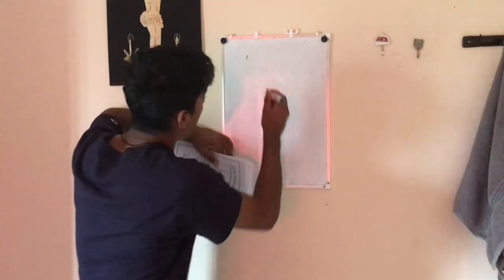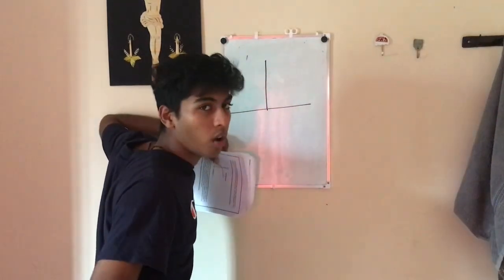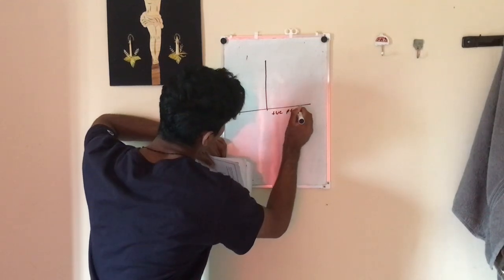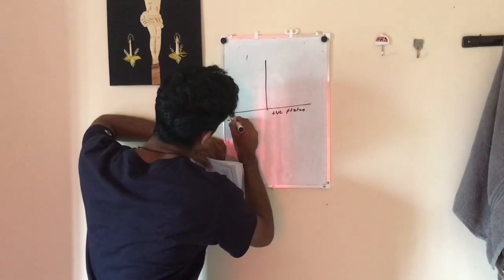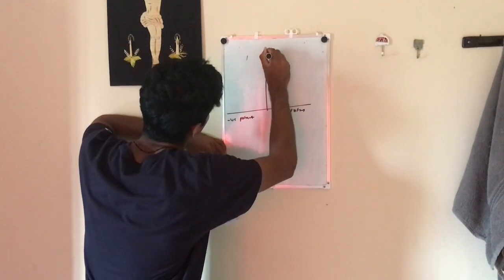Next is a very interesting graph. I'm combining all this together. This is the positive potential, negative potential, and this is your photocurrent.